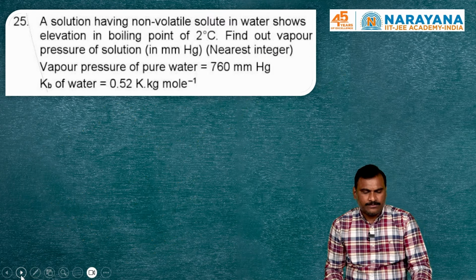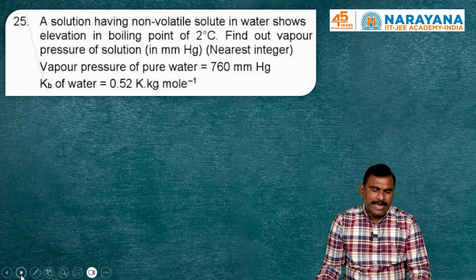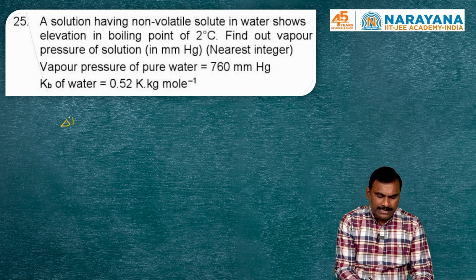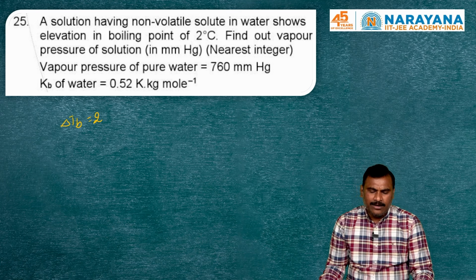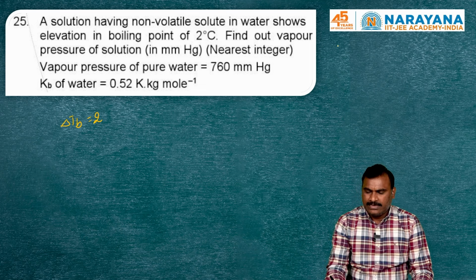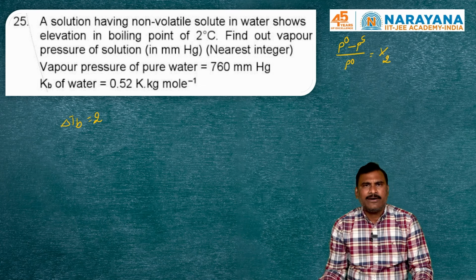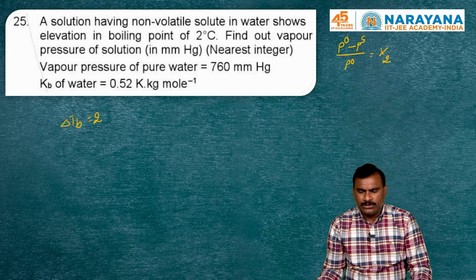Question number 25. A solution having a non-volatile solute in water shows an elevation in boiling point, that is delta Tb is equal to 2 degrees centigrade. Find out the vapor pressure of the solution. Generally, to find the vapor pressure of the solution, P naught minus Ps by P naught is equal to X2 according to Raoult's law for a solid in liquid solution.